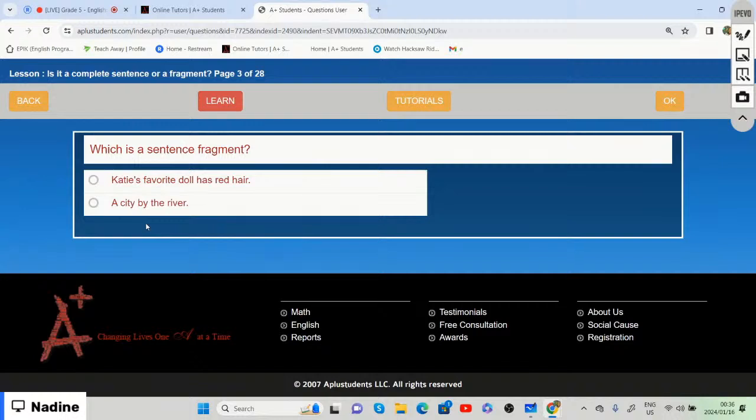So we need to say if it's option one, Kathy's favorite doll has red hair, or option two, a city by the river.